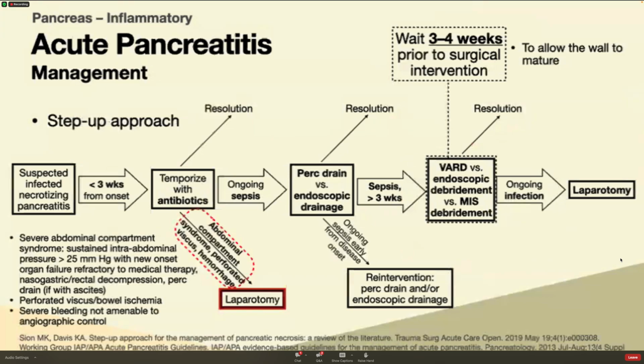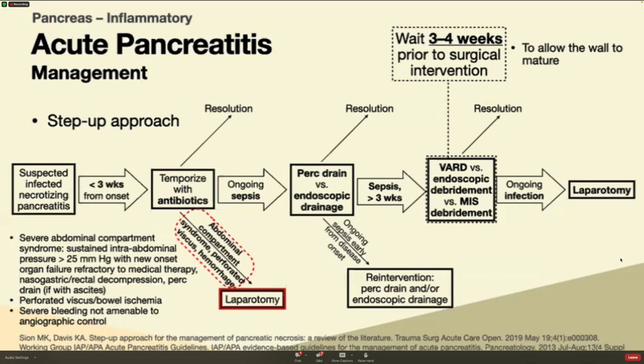So we have here the step-up approach. More or less, the thing to remember here is you have to wait 3 to 4 weeks prior to doing any surgical intervention. So it says here 3 weeks, but better to wait 4 weeks. This is so that the wall of necrosis would already have a mature wall. So if the patient is still septic and it's still less than 3 weeks, then first give antibiotics.